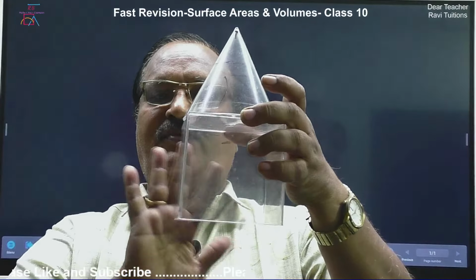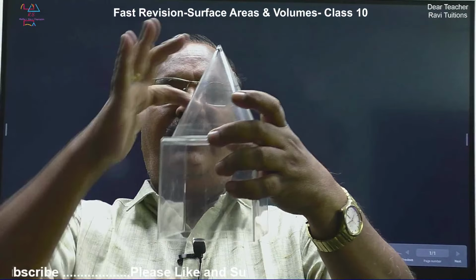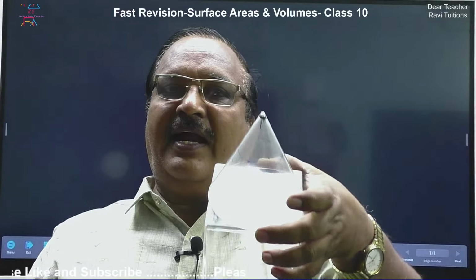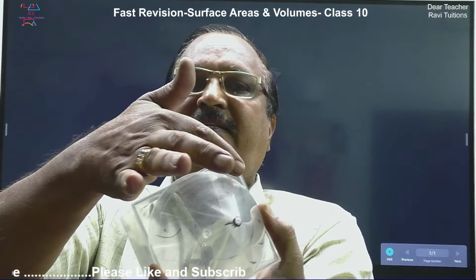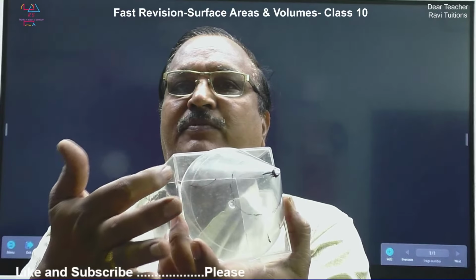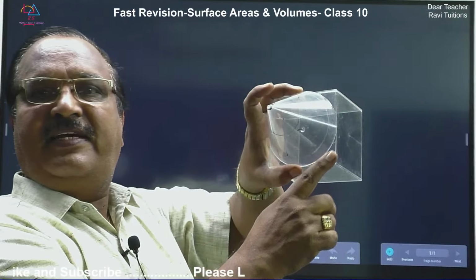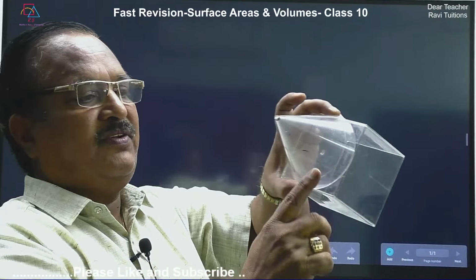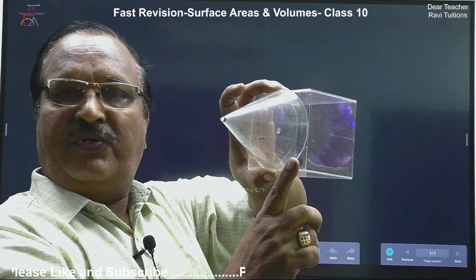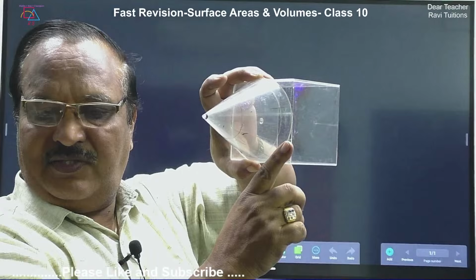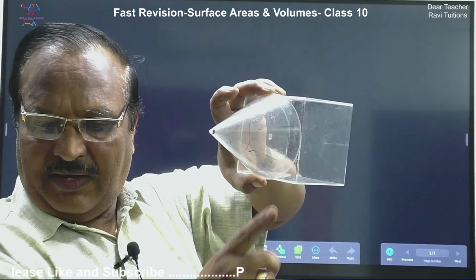Only surfaces 1, 2, 3, 4 and 5. And also you just see here there is one surface, this is one more surface, okay. So some surface is left here, this one surface, this is one surface. So you have to be very careful.